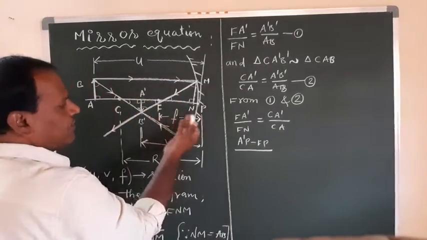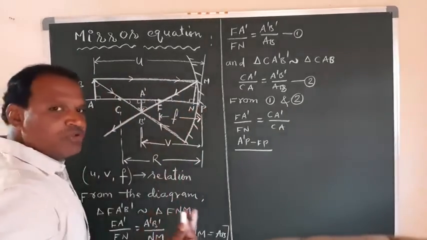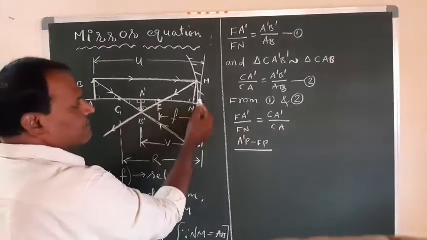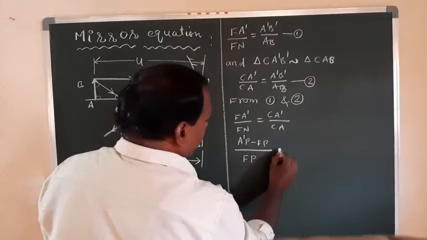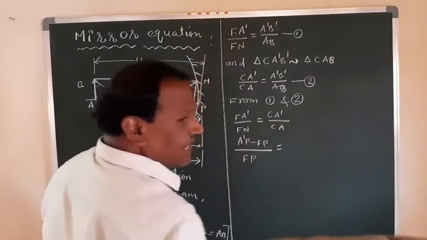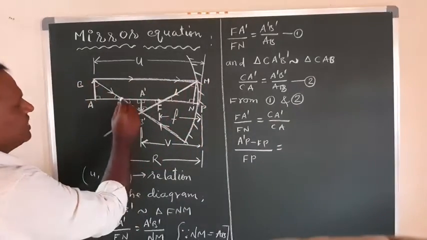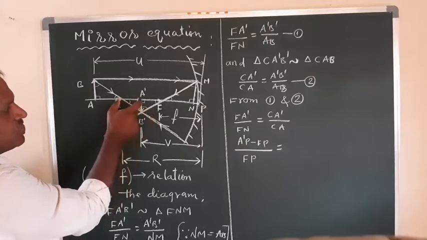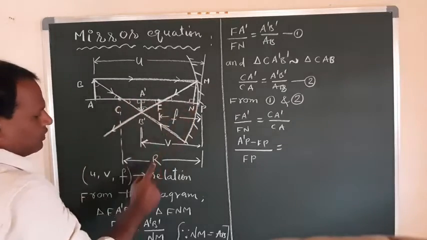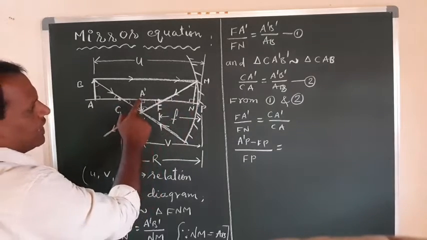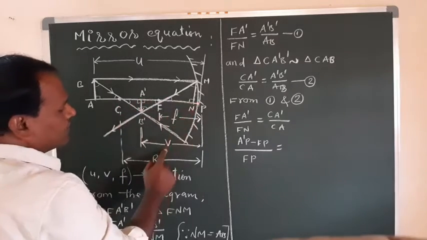FN is direct, you can put this N is almost close to the P, so I can write this is FP also. FP is equal to CA'. CA', this distance we want to get. But what is this distance? C to P, we know it is R. But A' to P is how much?